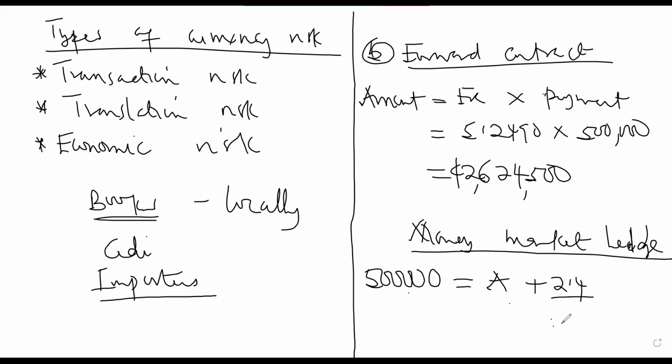So let me write it like this, 0.024 divided by 6 times the amount that we are depositing. So it will be the amount that we have deposited plus the interest that will give us 500,000.